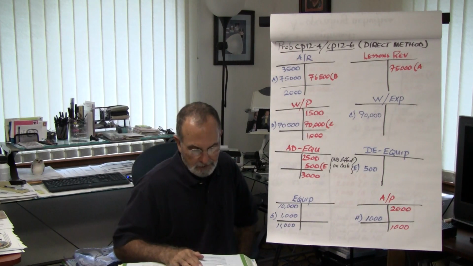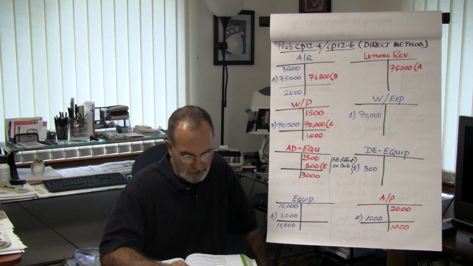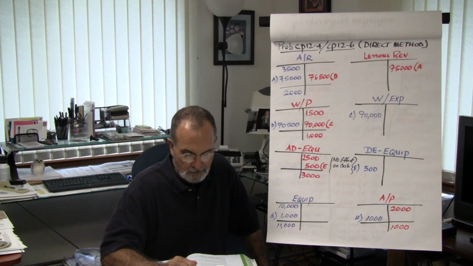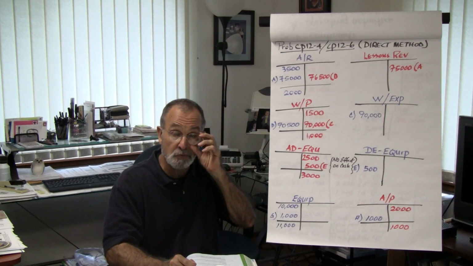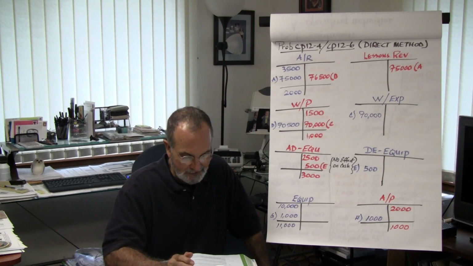And so the information presented in problem CP12-4 shows us the balance sheet account balances for 2009 and 2010. These would be the year-end balances, December 31, 2009 and December 31, 2010.